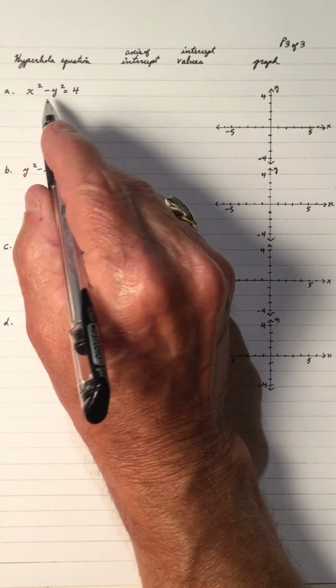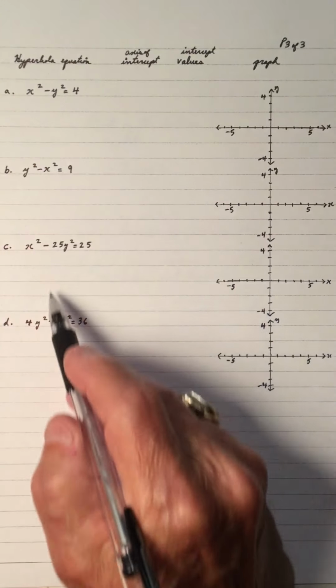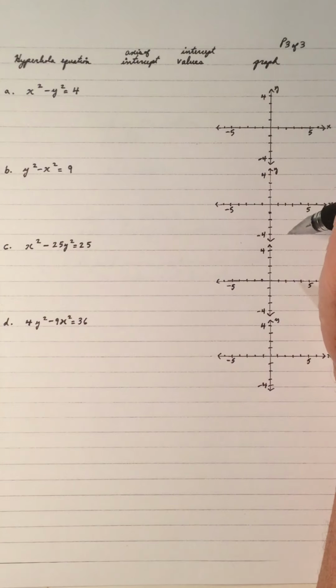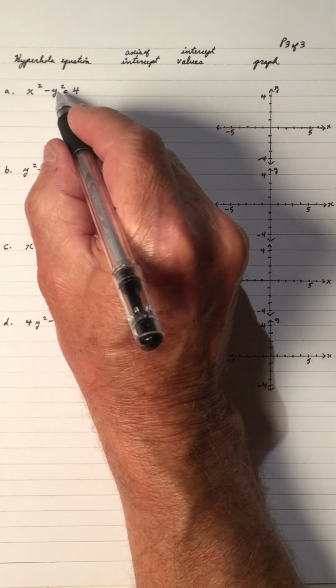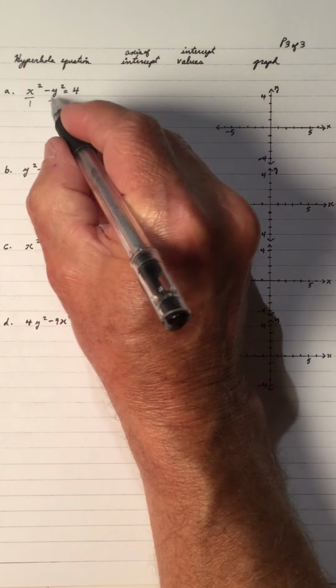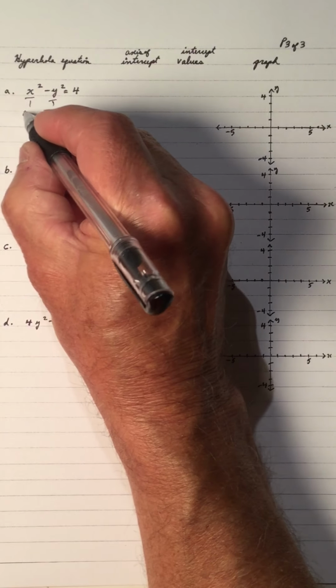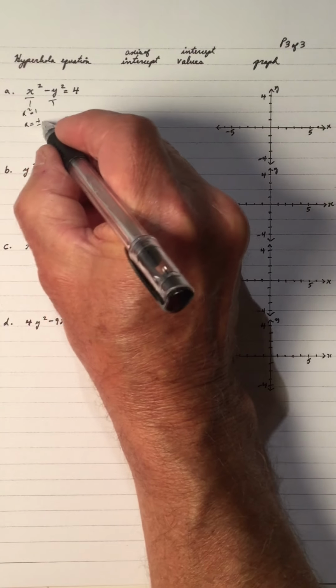Now we have hyperbola equations for them. So what I'm going to do now is draw sketches of these just to emphasize the intercepts. So notice we got an x squared, y squared, we got a 1 and a 1. So that means that a is plus or minus 1, because a squared is 1.